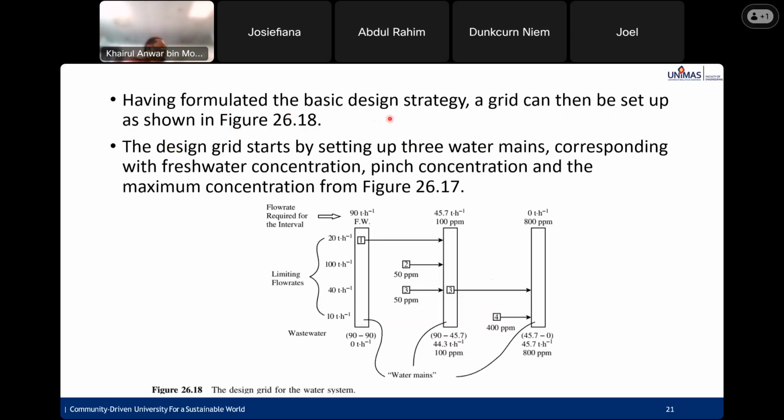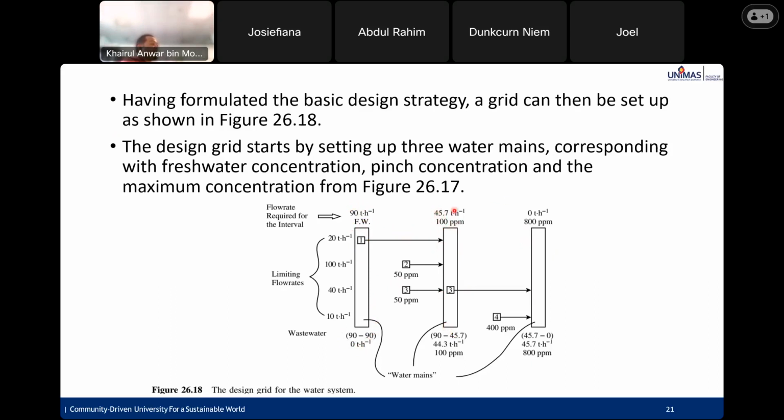Having formulated the basic design strategy, the grid can then be set up, shown in figure 26.18. Okay, this is the design grid for the water system. The design grid starts by setting up 3 water mains. So you have 3 water mains here, meaning the columns here. First column is freshwater feed. You see there's no contaminant, so 0. Next is the pinch point.